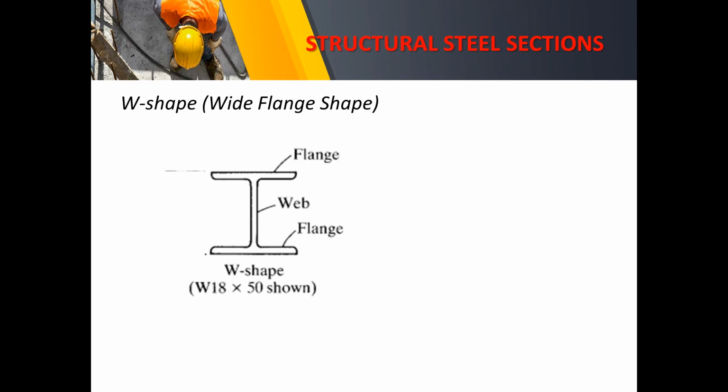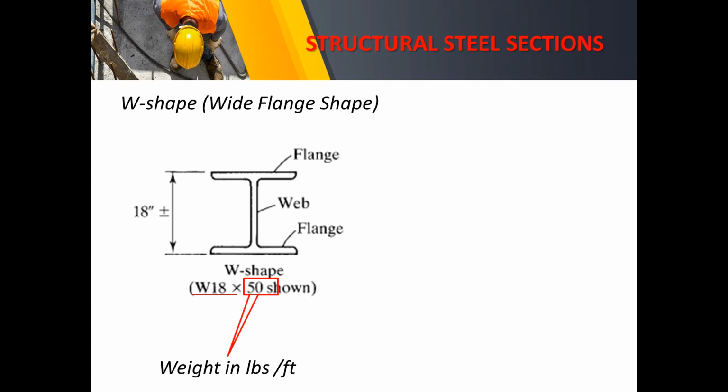And in here, W18, or the 18 number, denotes the overall depth of the cross section, or the wide flange, while the 50 here denotes the weight in pounds per foot.